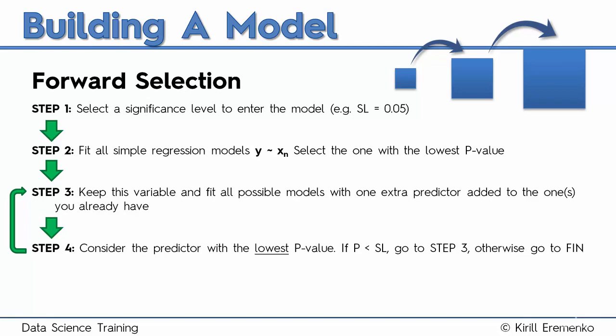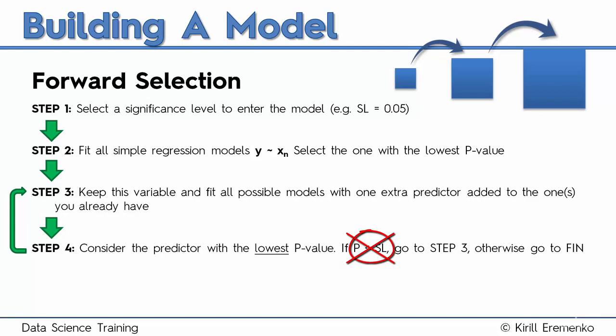We'll be selecting out of all of the possible combinations every single time and growing it with one variable at a time. And then we will only stop when the variable that we've added has a p-value that is greater than our significance level. So when this condition, p is less than SL, is not true, then we don't go to step 3, we finish the regression. Why?